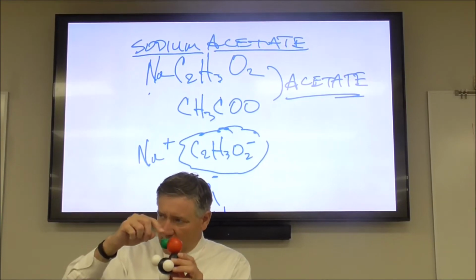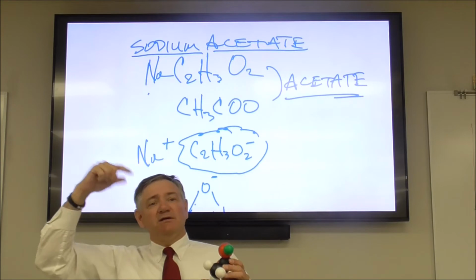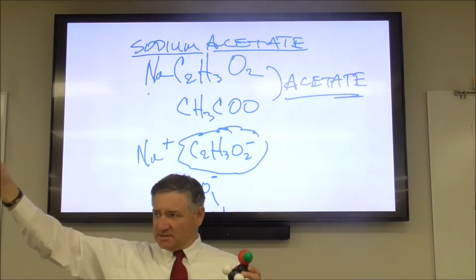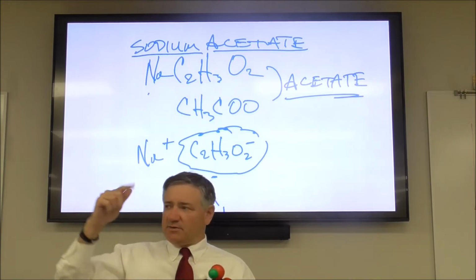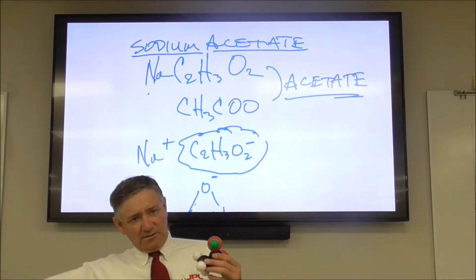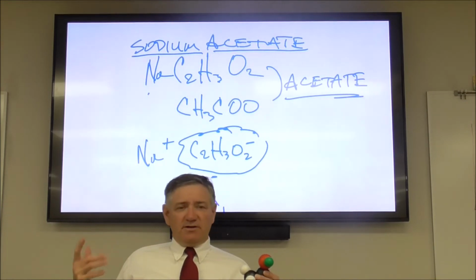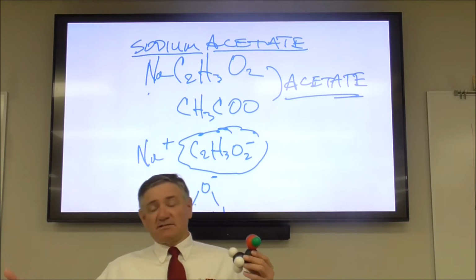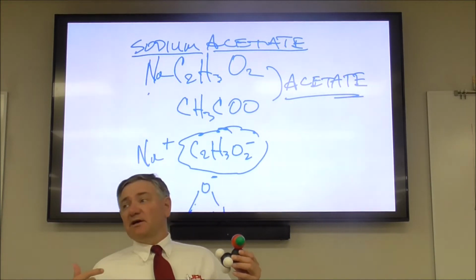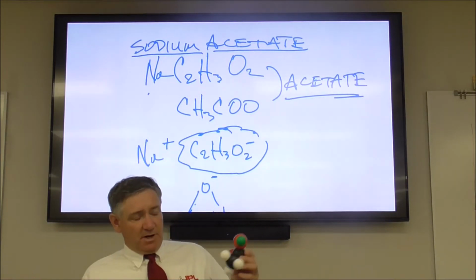So that sodium out here, because it's an alkali metal on the left side of the periodic table, is going to lose an electron because that's what makes it more stable. So this is like a match made in chemistry heaven. The sodium wants to give up an electron, and the acetate wants to take it in. So it's like winner, winner, chicken dinner. The sodium says, I want to get rid of an electron, I'm going to become more stable. The acetate says, I need an electron, I'm going to become more stable. That way, everybody's happy, right?